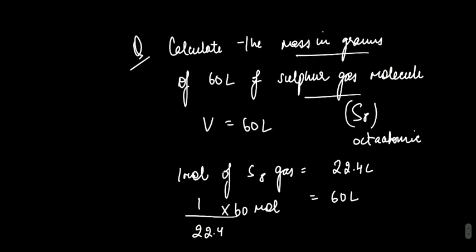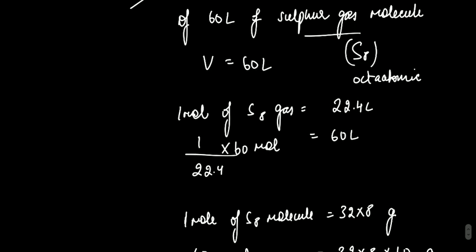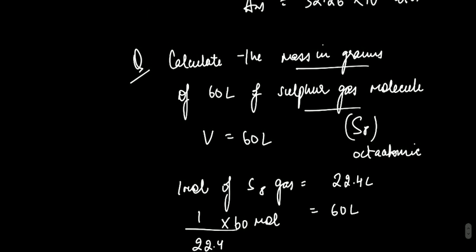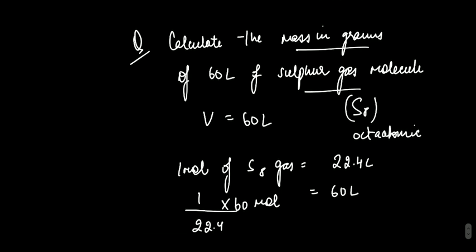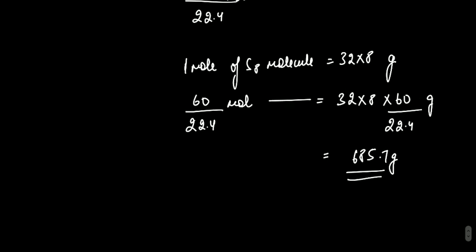So these questions which I'm discussing, I'm making right now just for practice. These are not discussed in any of the books. So 60 liter is quite a big volume. So based on that, the weight will also be higher. So 685.7 gram, that's your answer.